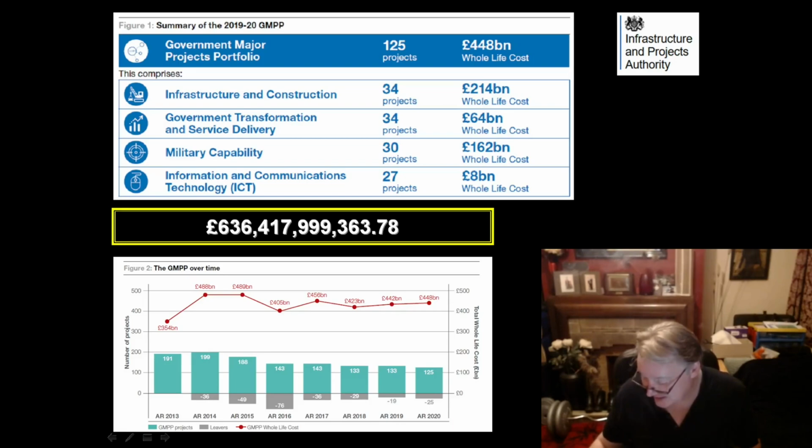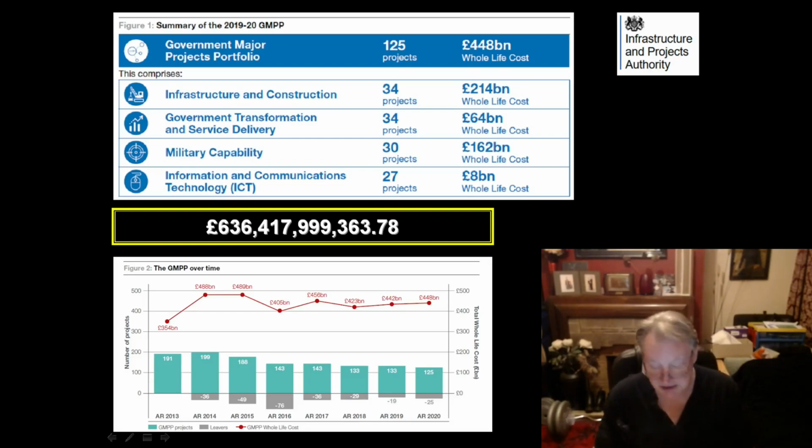Once I add up all of the values that they have presented within their Excel sheet, it does indeed come to just shy of 448 billion. However, there's a range of different projects with no value. I can actually calculate some of them from other pieces of information, not across all of them, but across the ones where they haven't provided the data. Hence, my number comes out 200 billion more.